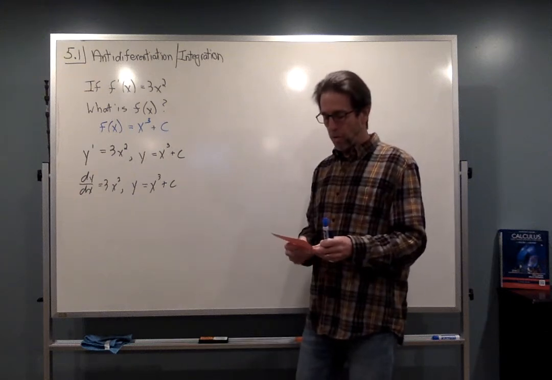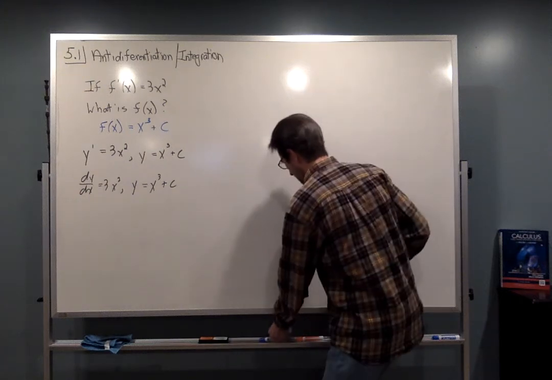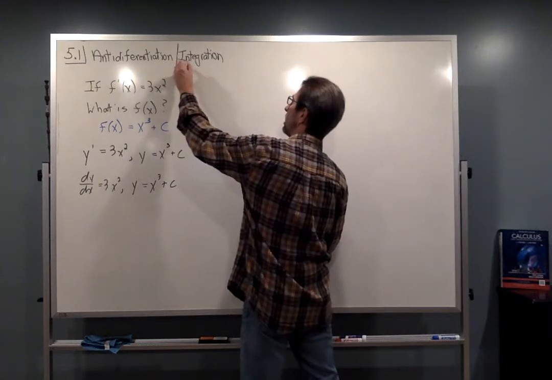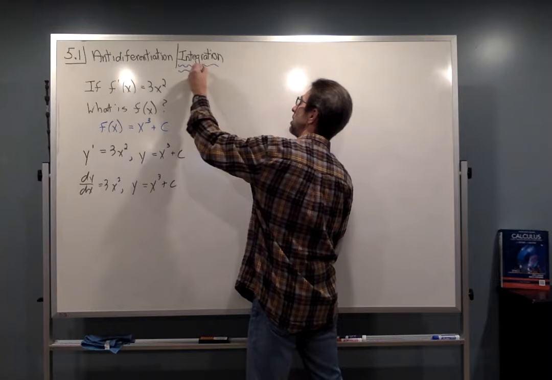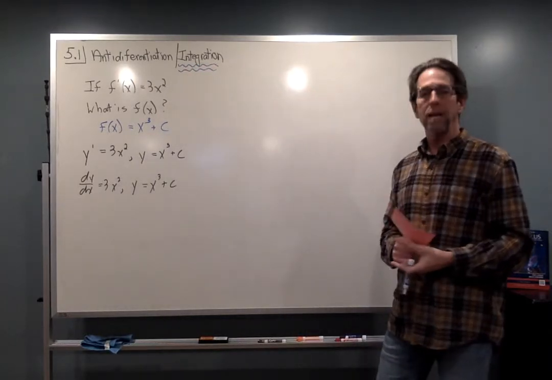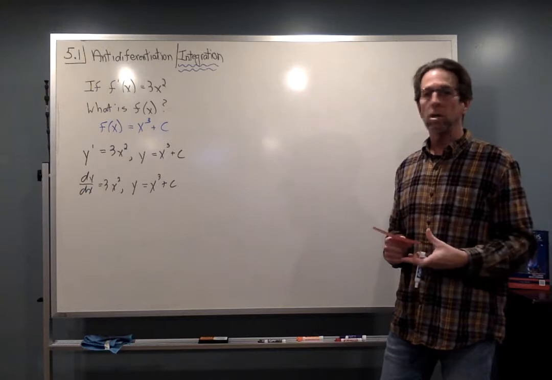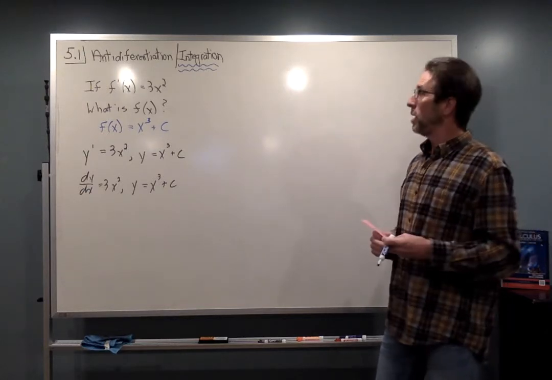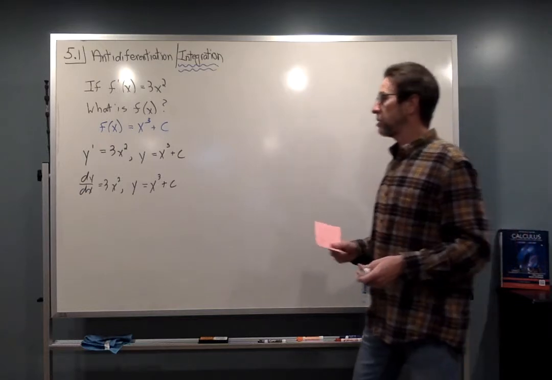Now there is one other option, and that other option involves this word, integration. And that's actually a more common option. We tend not to say anti-differentiation for too long. It's nice early because we really know what we're trying to find. With integration, what we do is this.